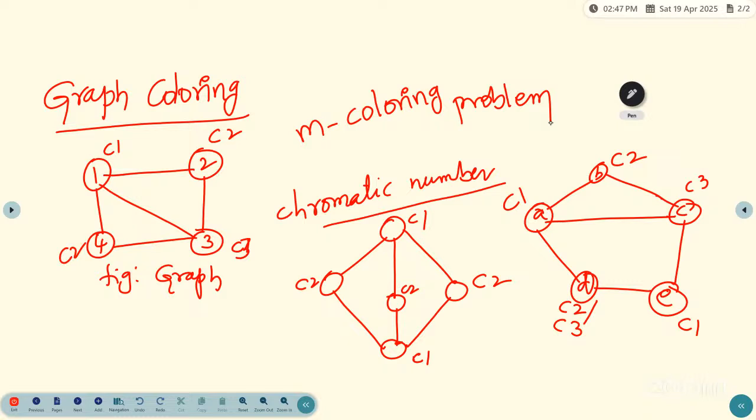The minimum number of colors required to color the graph is called its chromatic number. It is called its chromatic number.